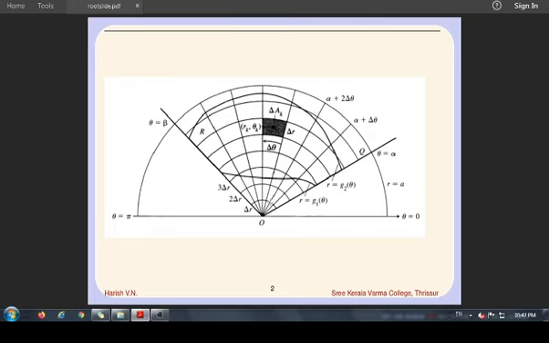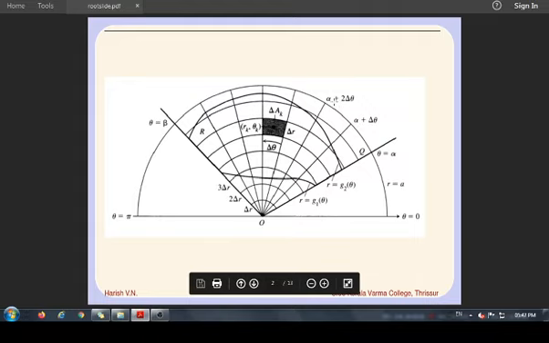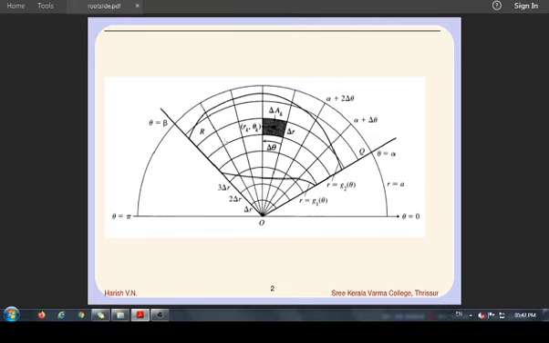This angle is theta equal to alpha plus 2 delta theta, and so on, like that. So what is delta theta? Delta theta is precisely beta minus alpha divided by n.